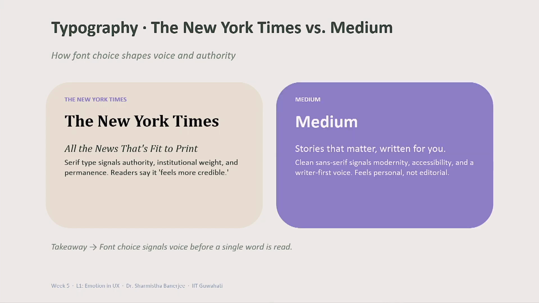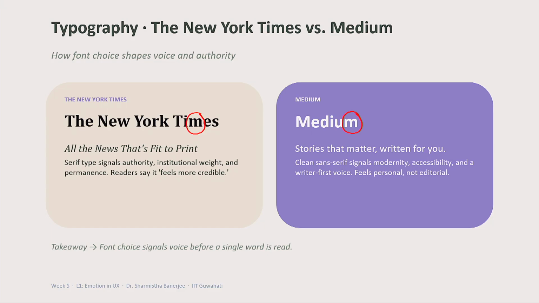Similarly, there is another channel, Medium. They use a clean sans serif font. So you can see that there is no serif on these letters. Just compare the M of Medium versus the M of Times New Roman. They use clean sans serif to signal modernity, accessibility and a writer-first voice.